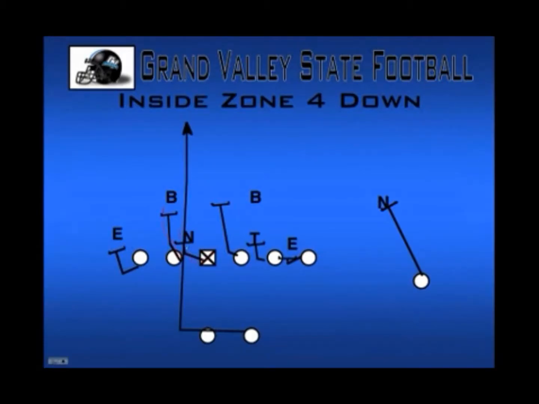So thick through the 2-eye, tight reaching the 2-eye up to the backer, who hopefully is seeing this zone look by these guys, but is also seeing the back run lateral, and he's running lateral. Backside, this double team is basically depending on him.